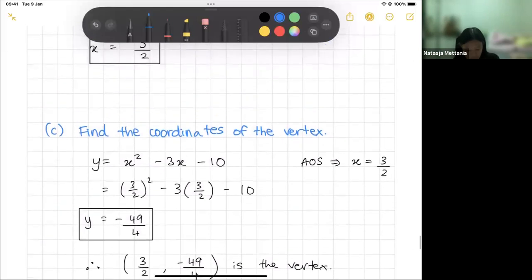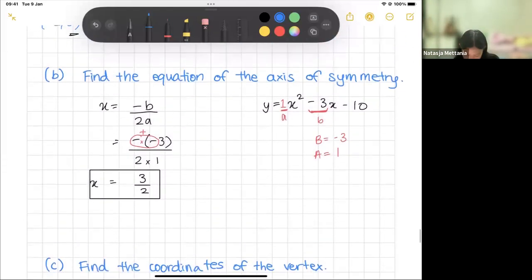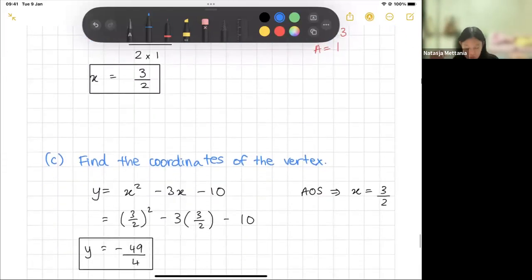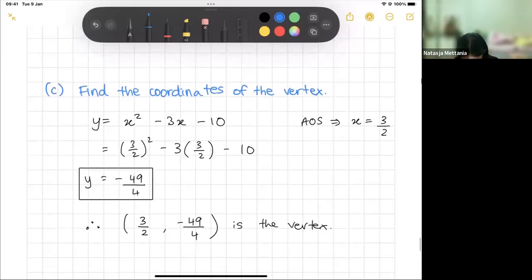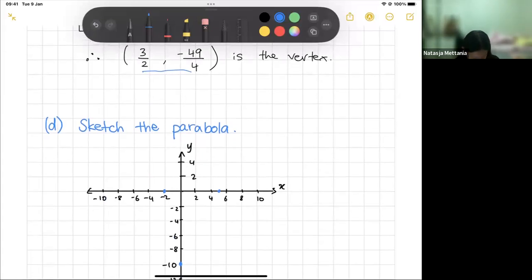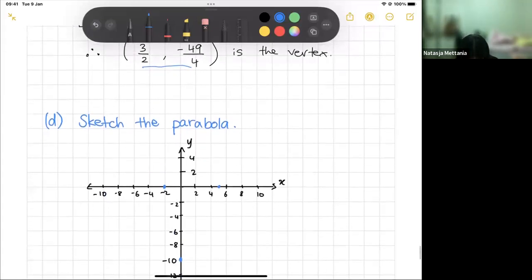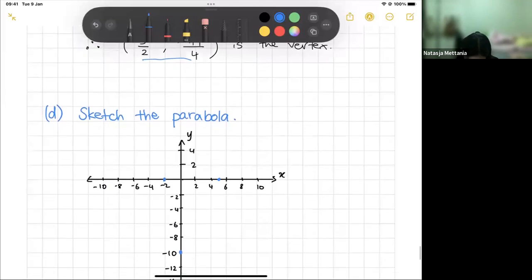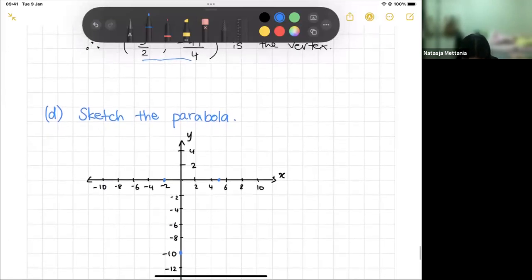Then what's the coordinate of that vertex? The coordinates of the vertex is 3 over 2, negative 49 over 4. So I am going to just do it correctly and we'll see. 3, 5, about here.